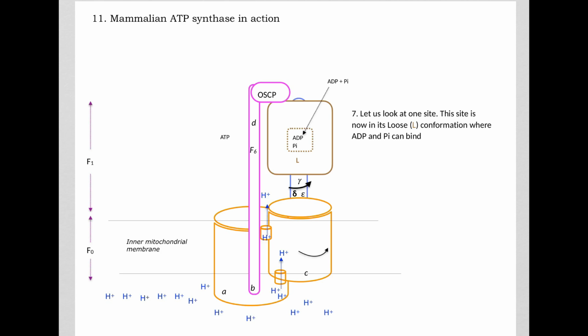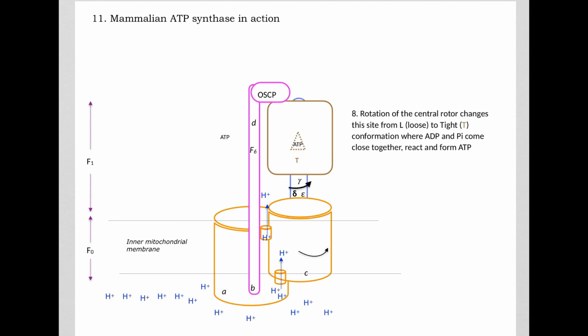This site is shown in its loose conformation or L conformation. And in this conformation, this site binds ADP and Pi very well. So we have ADP and Pi, inorganic phosphate and ADP, come and bind to the loose conformation site of this enzyme.